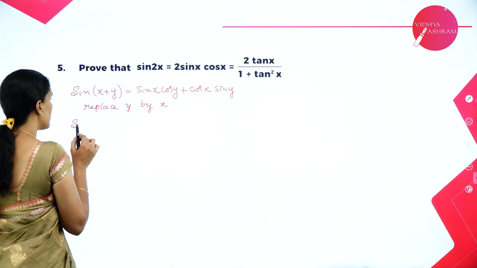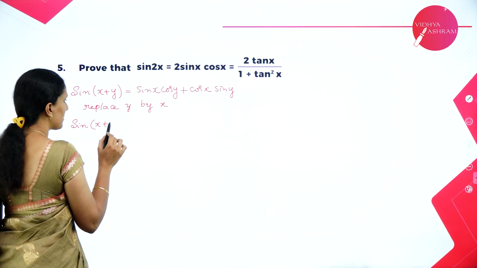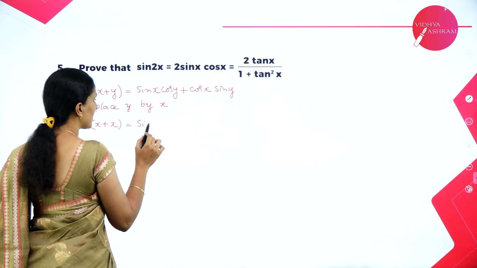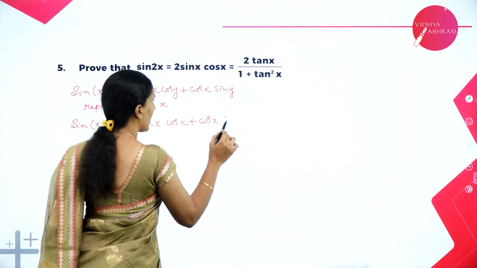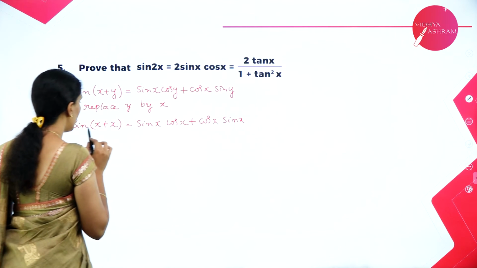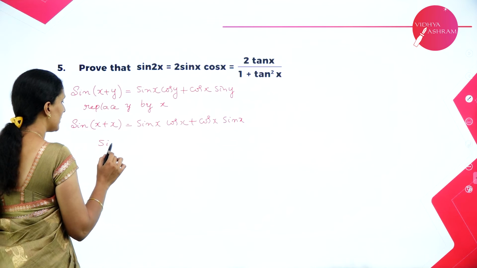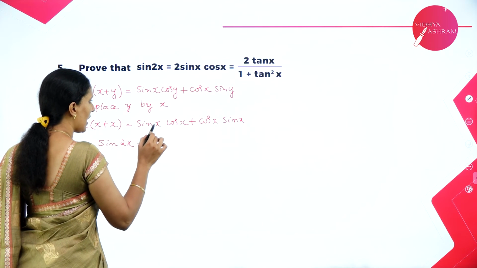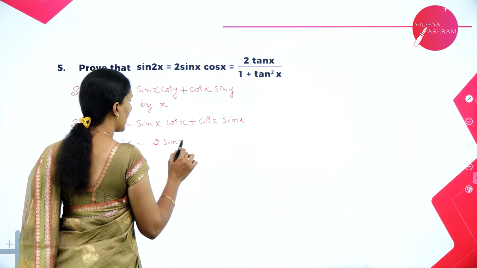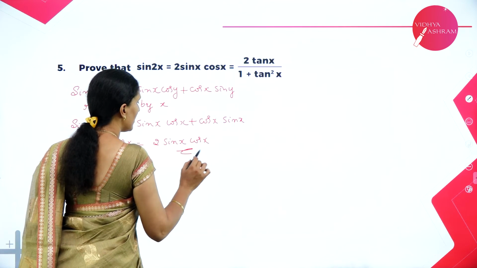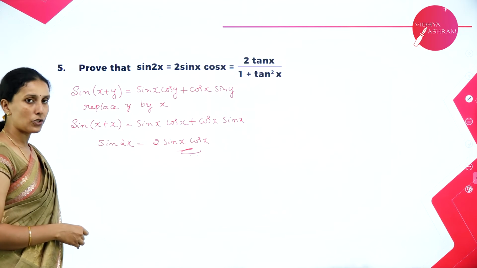Then this becomes sin of x plus x equals sin x cos x plus cos x sin x. Now what is sin x plus x? It is sin 2x. Sin x cos x plus sin x cos x is 2 times sin x cos x. So this is the first identity of sin 2x.